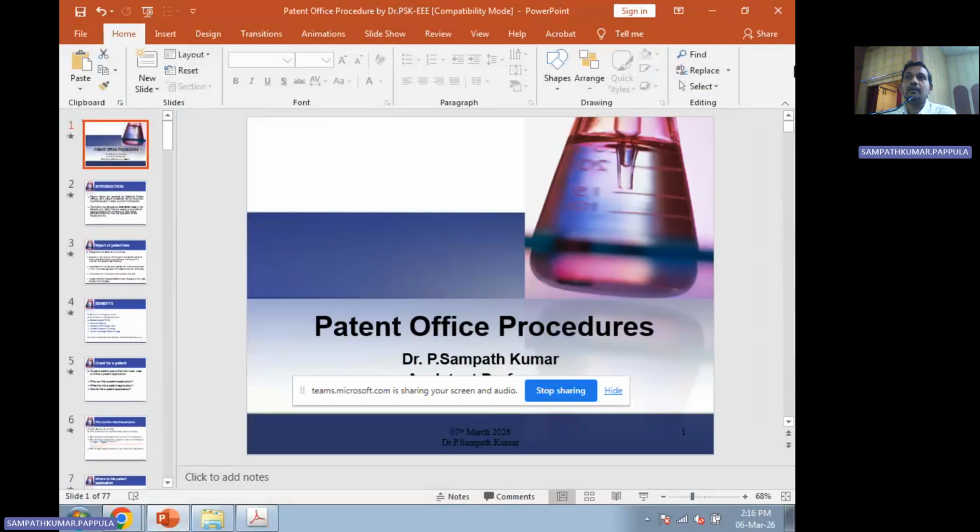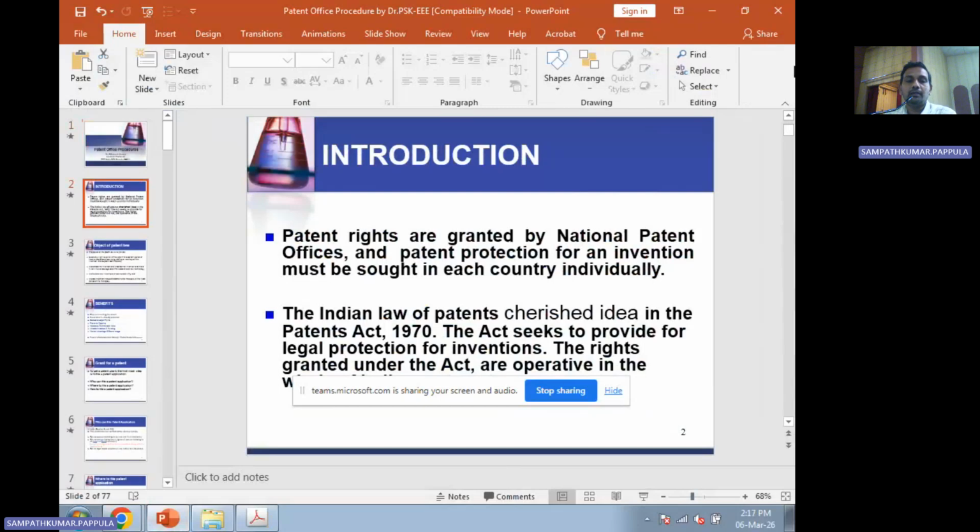That can be called a patent, right? Here we see the patent rights are granted by national patent offices, and patent protection for an invention must be sought in each country individually. In India, we have a procedure to publish a patent or your idea.